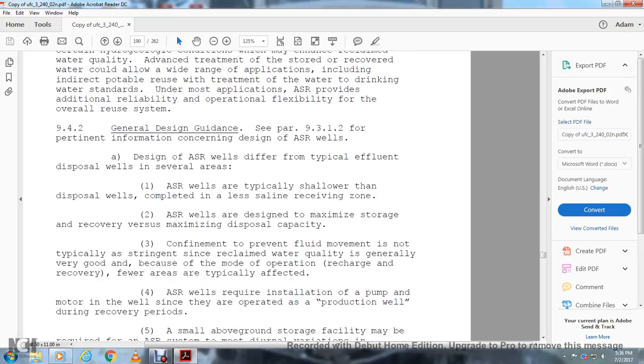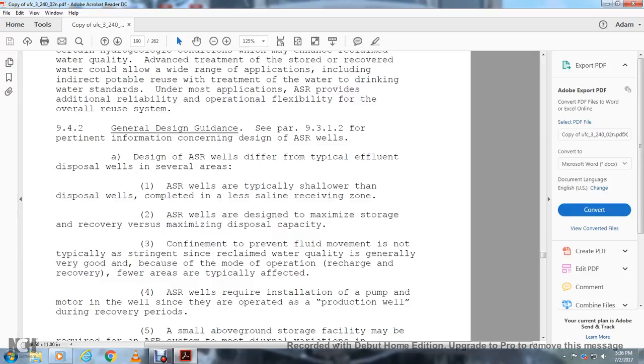9.4.2 General Design Guidelines. See paragraph 9.3.1.2 for pertinent information concerning the design of aquifer storage recovery wells. Aquifer storage recovery wells differ from typical injection and disposal wells in several areas. 1. The aquifer storage recovery wells are typically shallower than disposal wells, completed in a less saline receiving zone. 2.